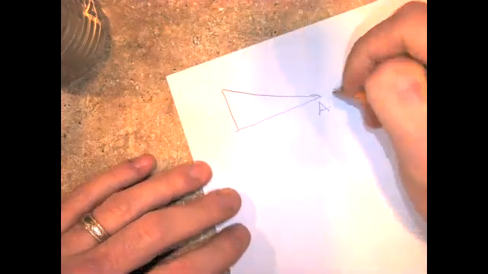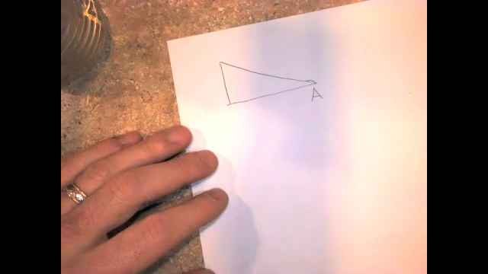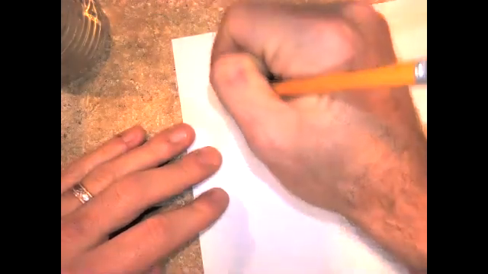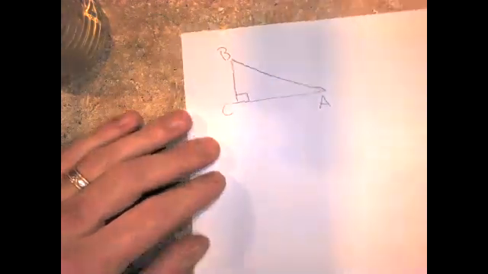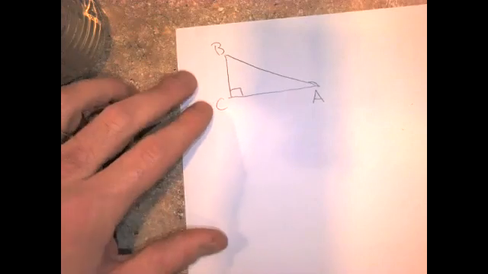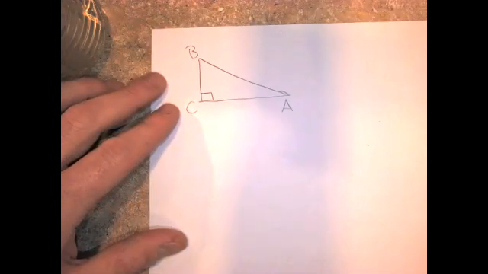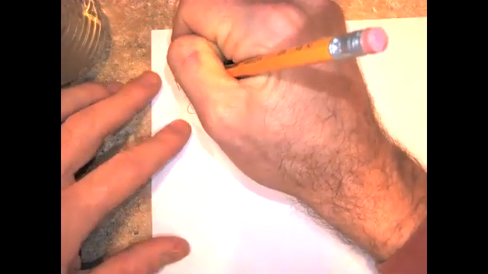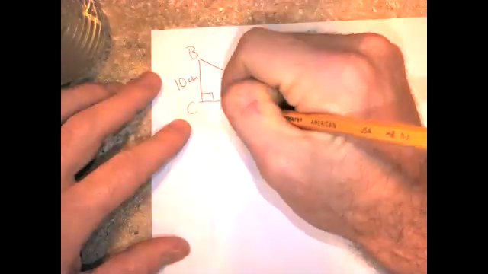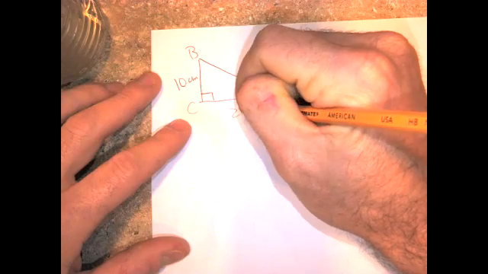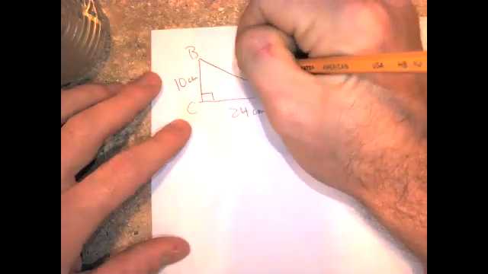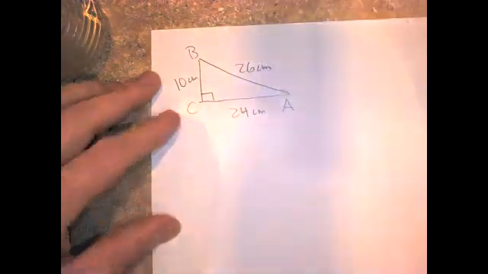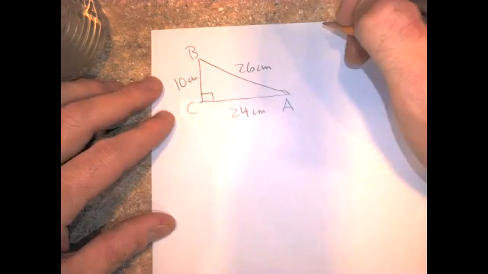Same thing. Let's say triangle ABC. It's always got to be a right triangle. Generally C is the right angle. And let's say this time the sides are 10 centimeters, 24 centimeters, and 26 centimeters. What you need to do is fill in all these ratios again.